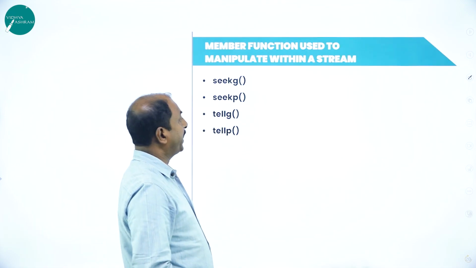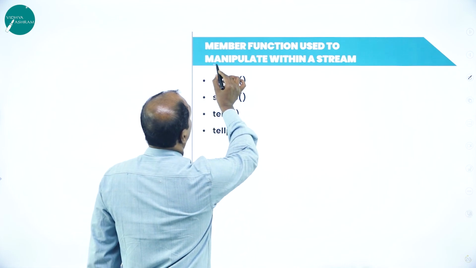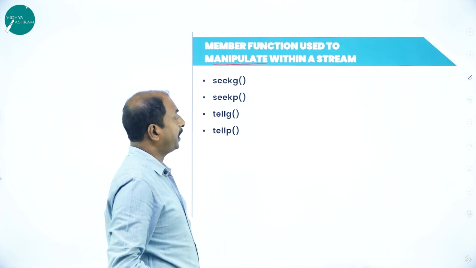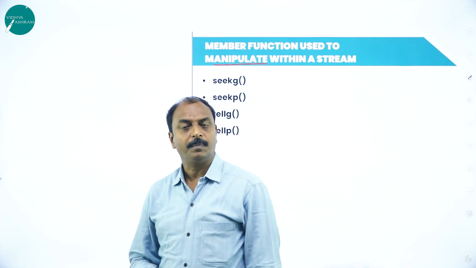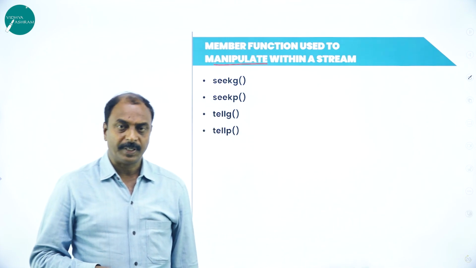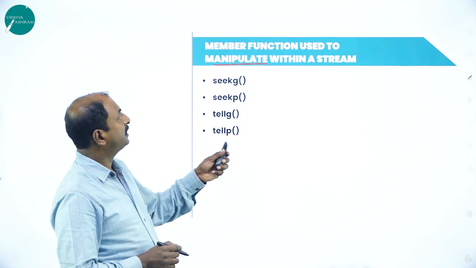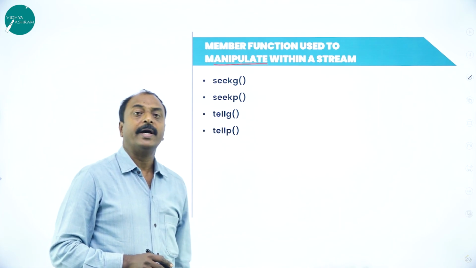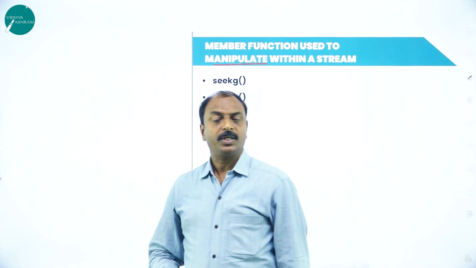Now let us move on to the next one, member functions to manipulate within a stream. We have learned in our previous slides read and write operations for text and binary files. Now it is also possible to have another operation like manipulation, nothing but adding data or deleting data from a file.